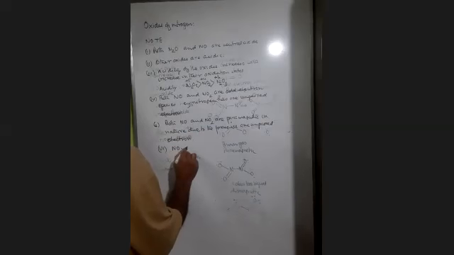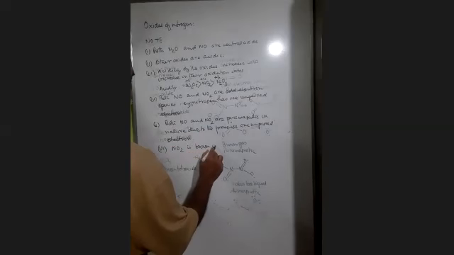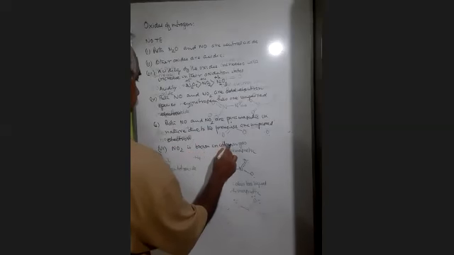Then 6. Nitrogen dioxide is brown in color.